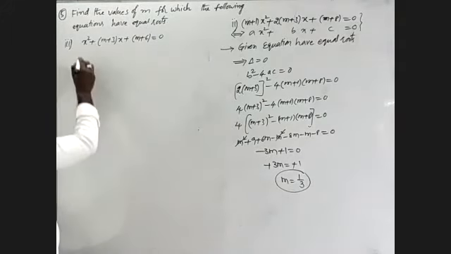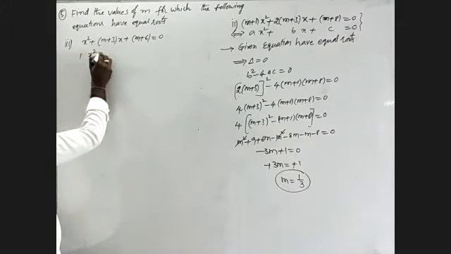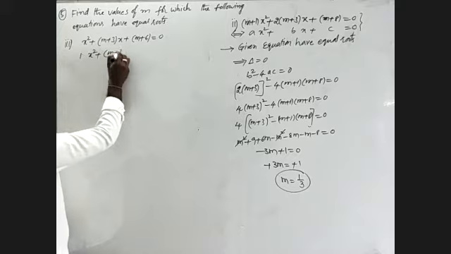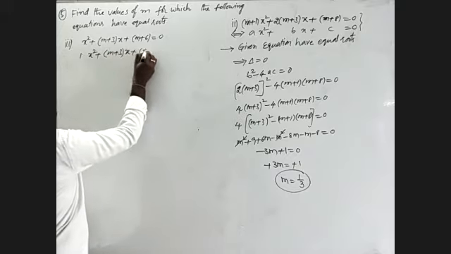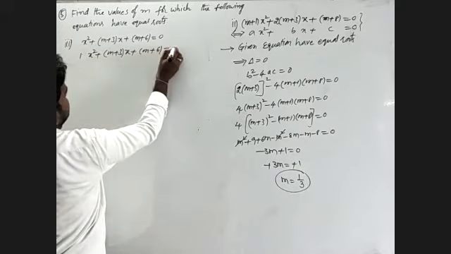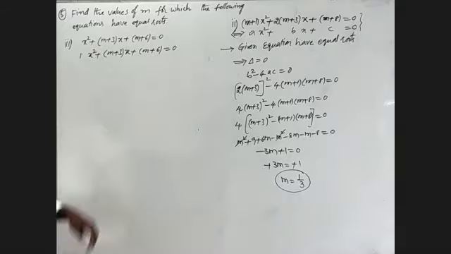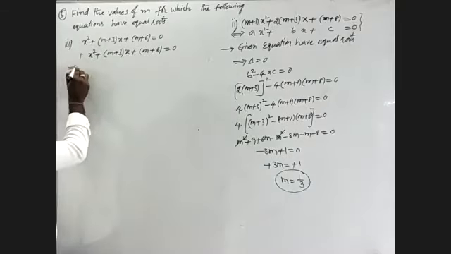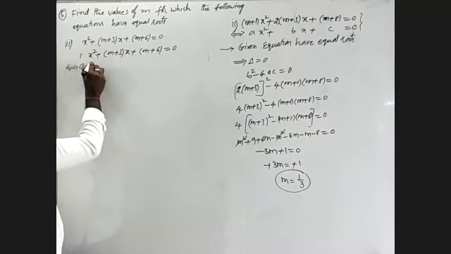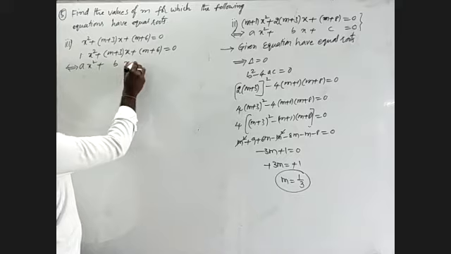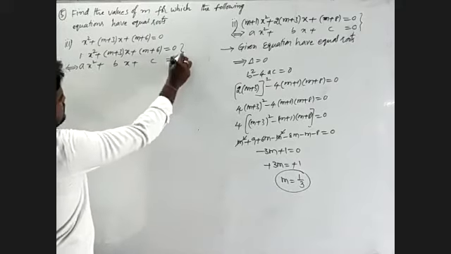The given one can be written as 1 into x square plus (m plus 3) into x plus (m plus 6) equal to 0. The given one can be compared with ax square plus bx plus c equal to 0.